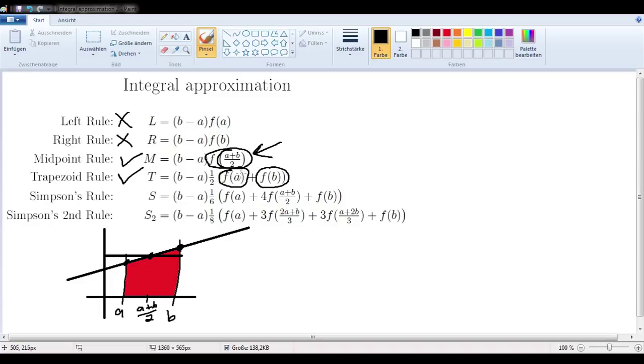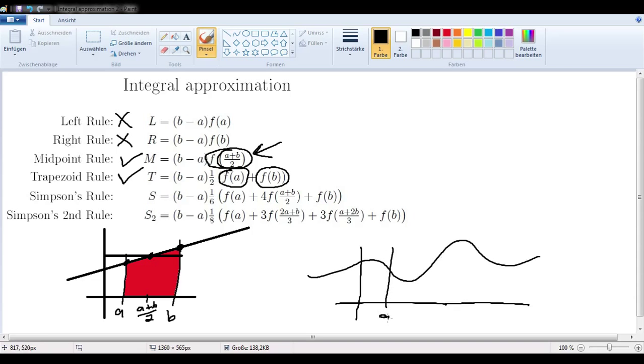Well, you might think of it like this. If you know the middle point of any sort of crazy function, let's say here's A and this is B. If you know the middle point, then you know a little something about how the point got there, and you know a little something about where it's going.